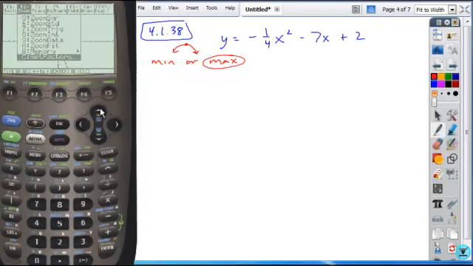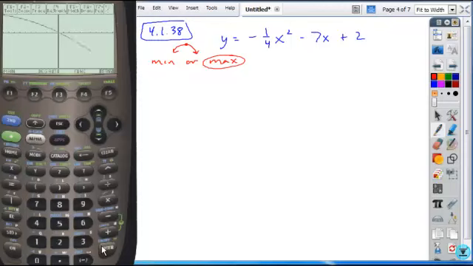Often what can happen is if you choose where it says zoom fit, okay, and hit enter, it'll adjust the viewing window for you, and then you can possibly see the graph a little bit more clearly. Okay, so here, even though it didn't give me all of the vertex, I can assume my vertex is probably going to be right over here.